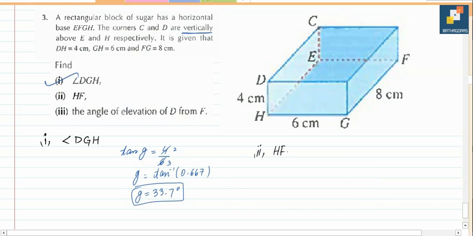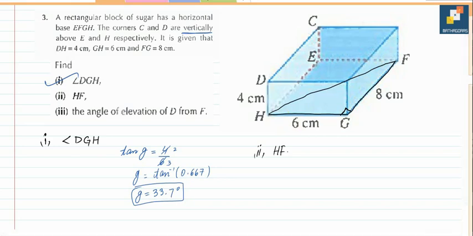HF. So I'm going to make the line from H to F. If you consider the triangle HGF, it is a right angle triangle. Why is G 90? Because HGFE is a rectangle, and in a rectangle all angles are 90.